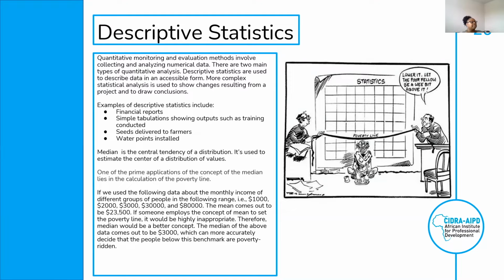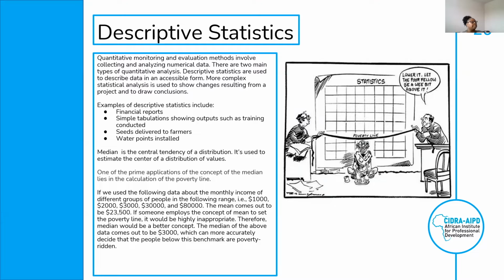Descriptive statistics. Quantitative monitoring and evaluation methods involve collecting and analyzing numerical data. There are two main types of quantitative analysis. Descriptive statistics are used to describe data in an accessible form.